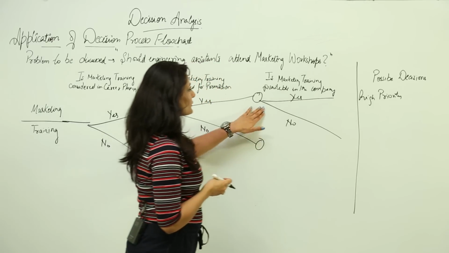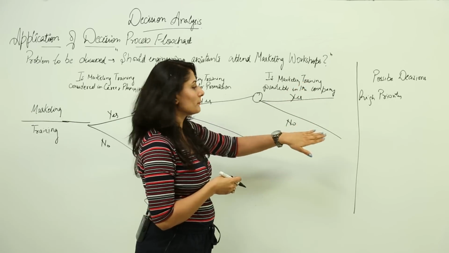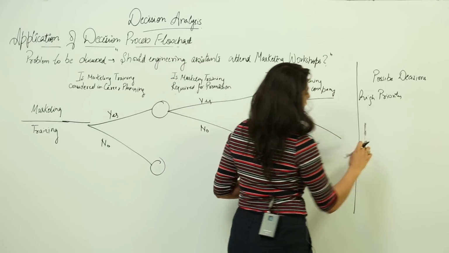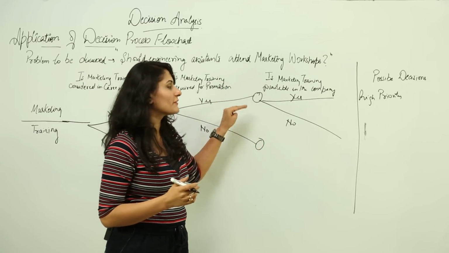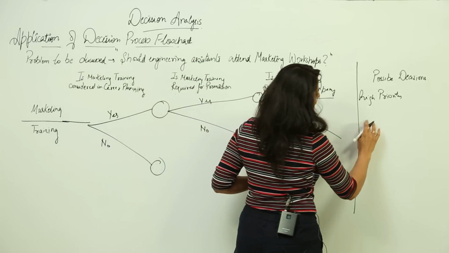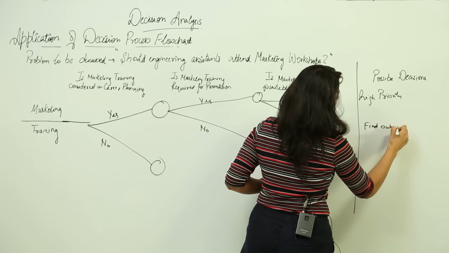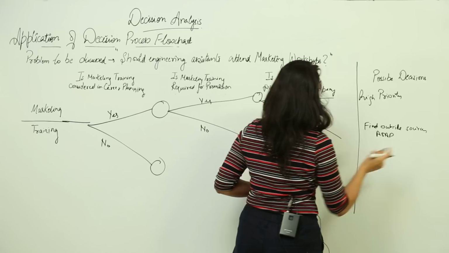But if the answer to the question, is marketing training available in the company, is no, then you should find out ASAP where you can get this training, because it's a very critical training for your career. So find outside sources ASAP which can give you this training.